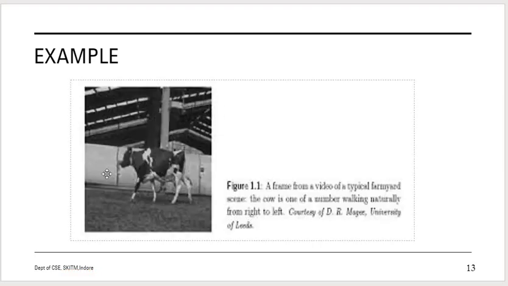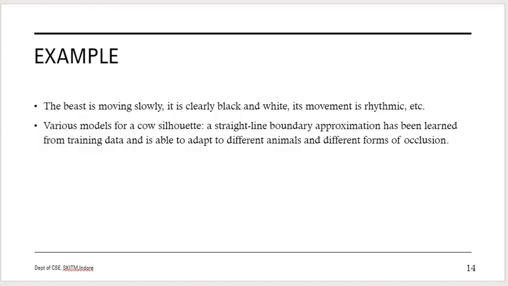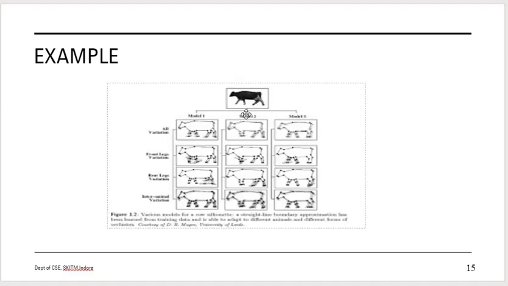From this example, from this image, we are trying to see what the next movement of this animal will be. Our main objective is to get maximum information from this image, and we can know much more about this field, and try to identify what the next movement of the beast will be.